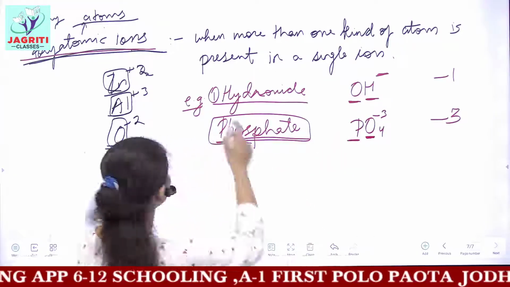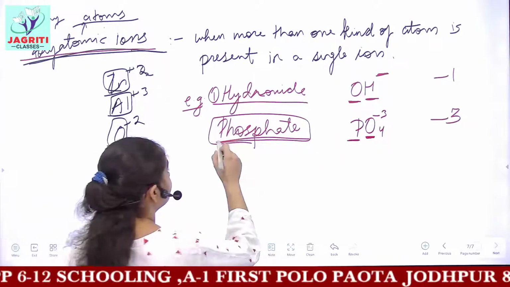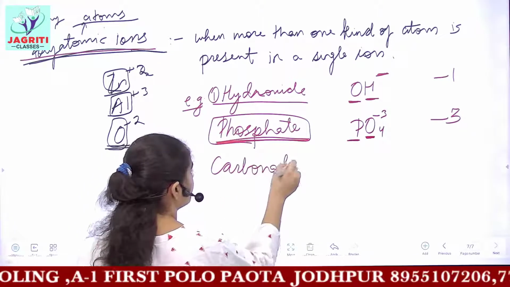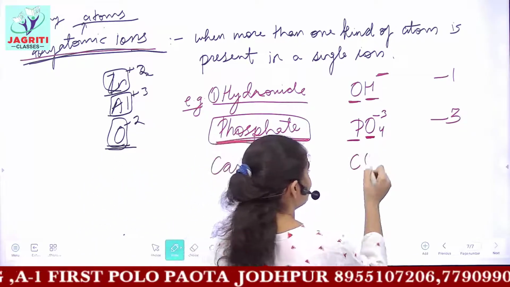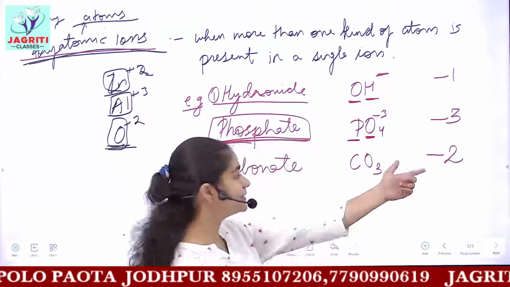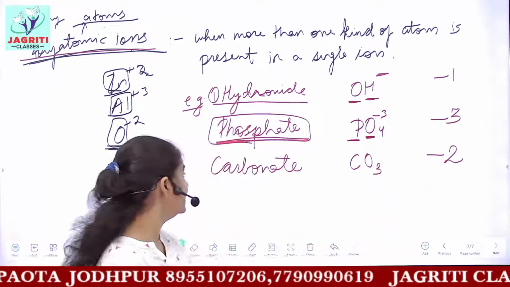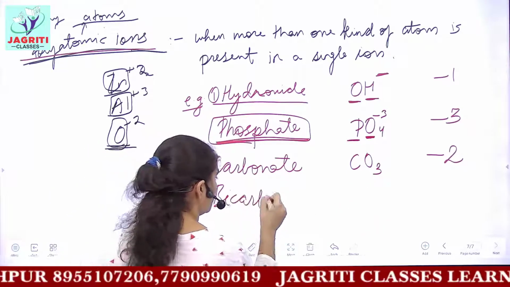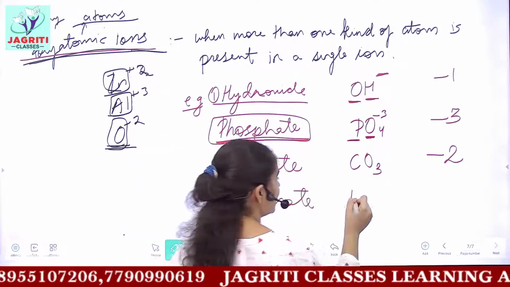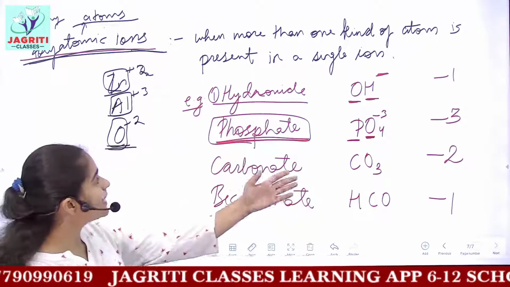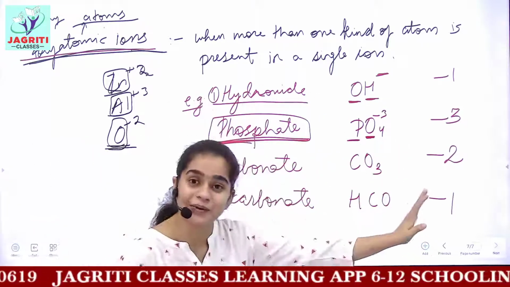So it is called a polyatomic ion. Then you have carbonate. Carbonate is CO3 and the charge is -2. So this is what carbonate means. Then you can write bicarbonate. Bicarbonate is HCO3 and the charge is -1. So these are some of the polyatomic ions, okay?